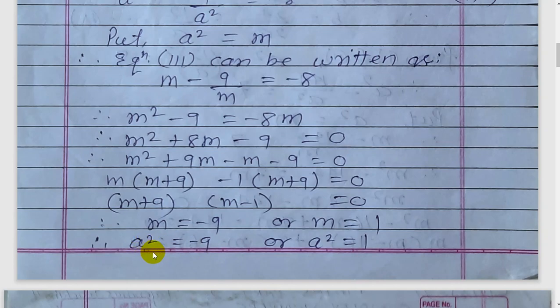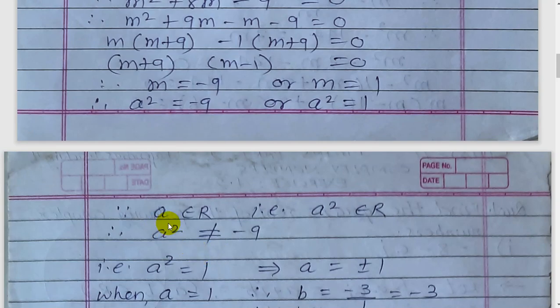In the beginning I explained to you that a, b belong to R. So a square is minus 9 is not possible. So we should write here a belongs to R, that is a square belongs to R. Therefore a square is not equal to minus 9 because we need to find the value of a.